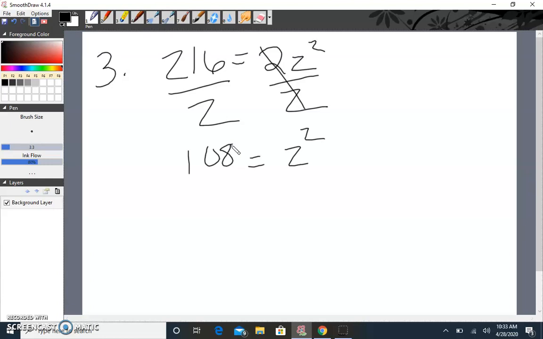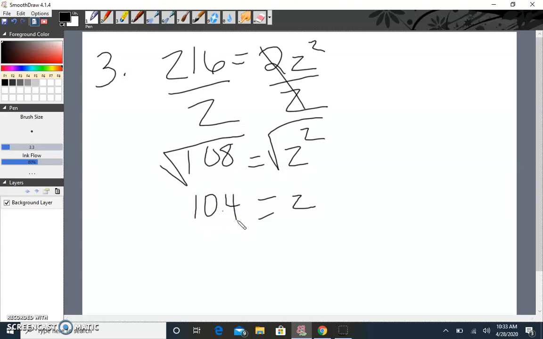Well, we square root it. Square root of z squared is z. Square root of 108. And on this one, according to the book, you can figure it out with the decimal form. It is 10.4 when you round it off.